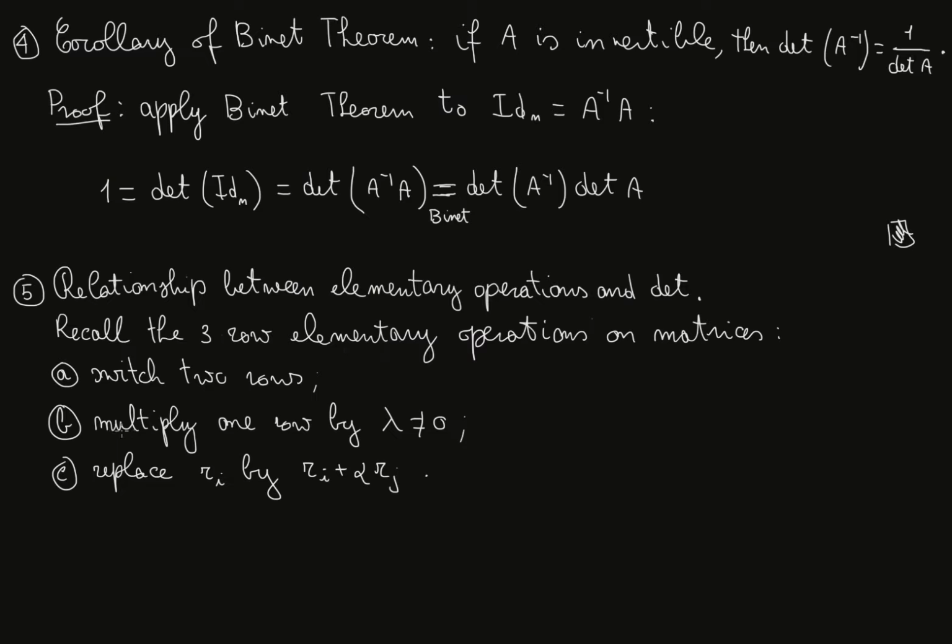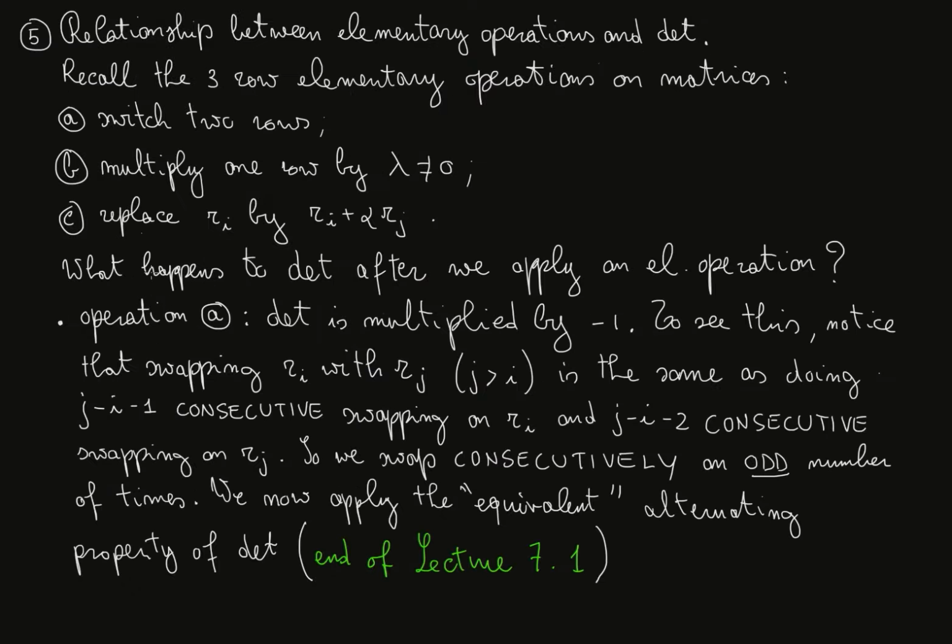The second one multiplying 1 row by a non-zero scalar. And the third one replacing 1 row by a sum between the same row we are replacing and a multiple of another row. Let's consider first operation A. The determinant is multiplied by -1. This is the statement, regardless of where the 2 rows are in the matrix.